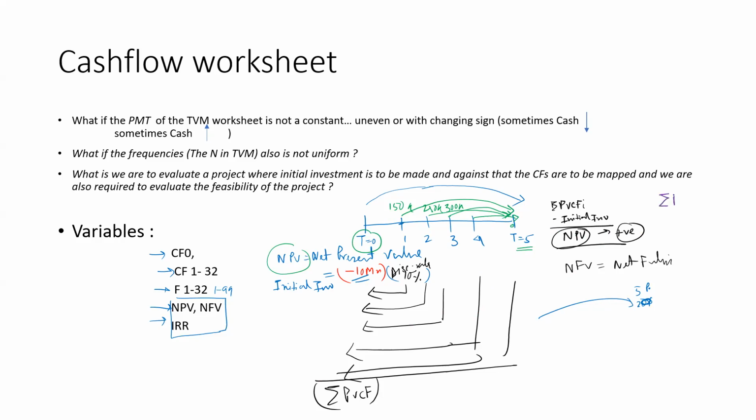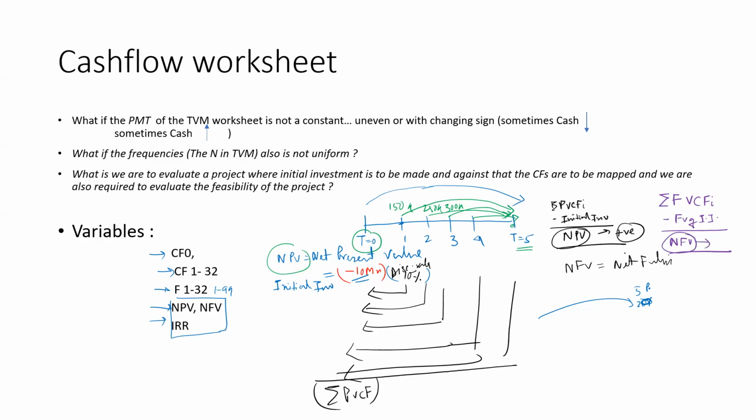Here also, we will do the same treatment. Now we will say not PV of CF, which means present value of the cash flow. We will say FV of CF, which means all the cash flows projected into the future up until the horizon. So FV of future cash flow, and from here, we will again deduct the FV of the initial investment. And whatever value comes out, that is called the NFV.